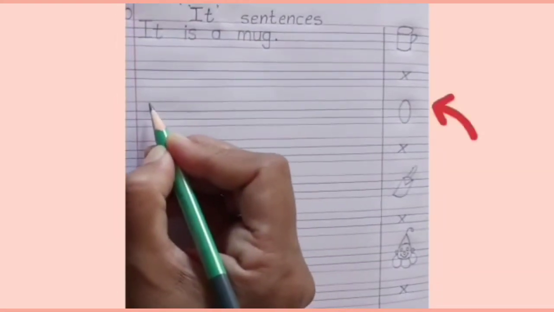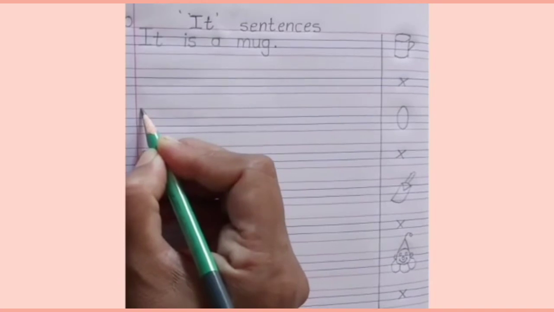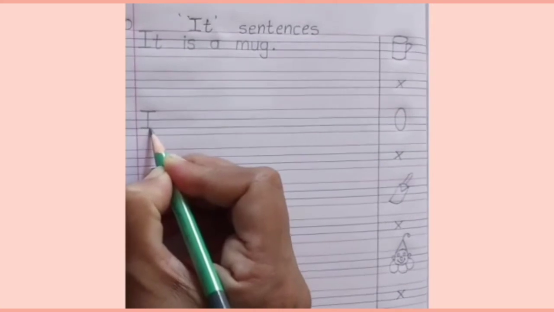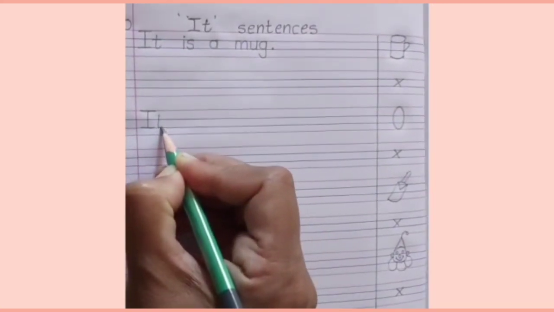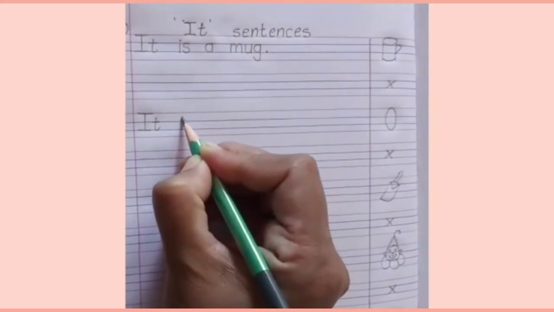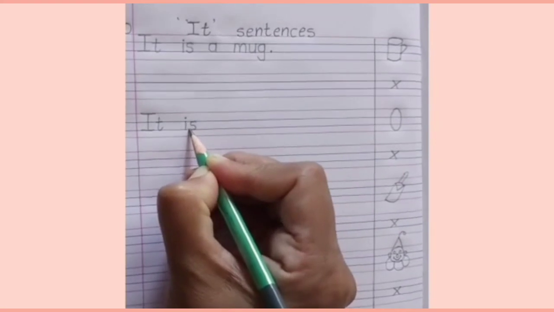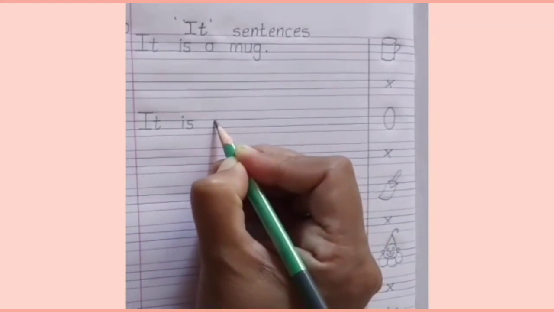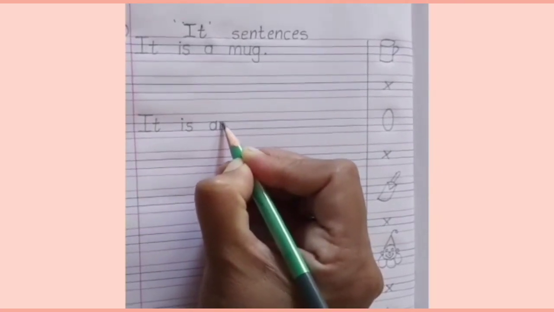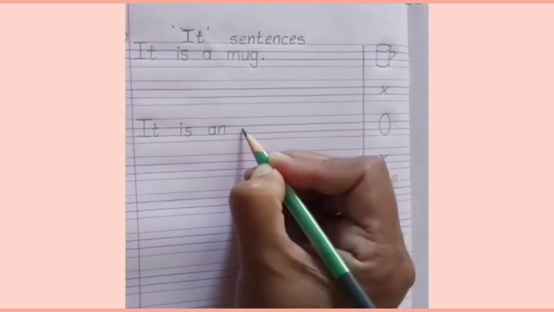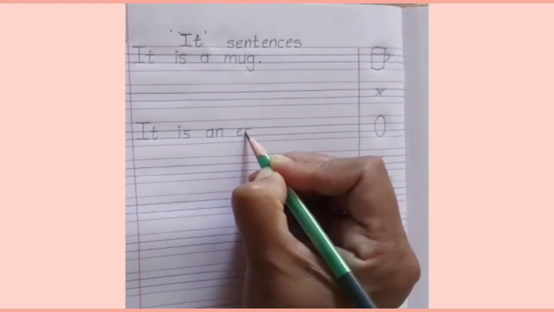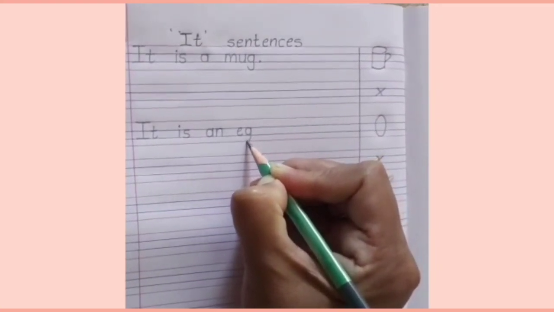Now, the next sentence. It's an image of an egg. So, I capital, small t, one finger space, is: i, s, one finger space, an: a, n, one finger space, egg: e, g, g.